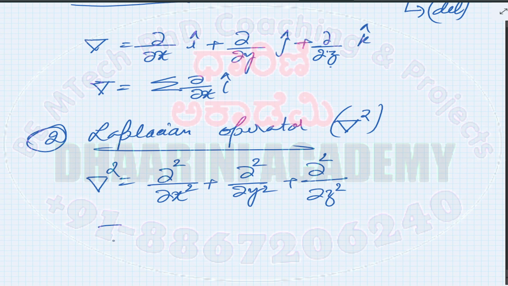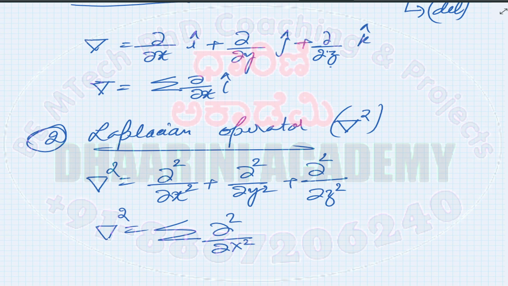So in short, we can write the same function: del square is equal to summation of dou square by dou x square. So first, you remember, this is called a del operator, which is operator number one. And then we have operator number two, which is the Laplacian operator denoted by del square.